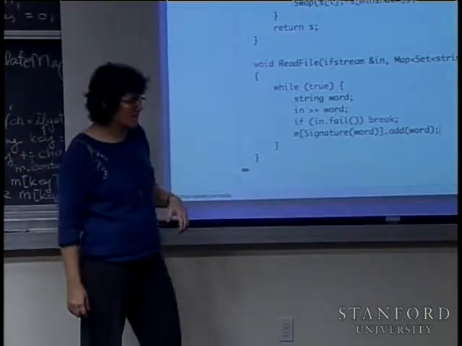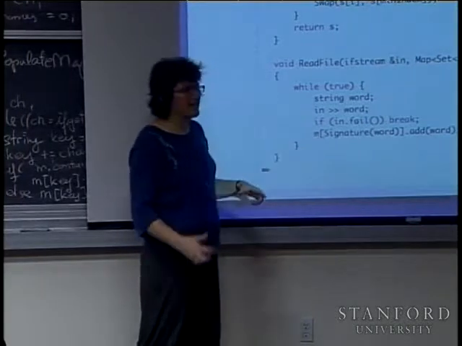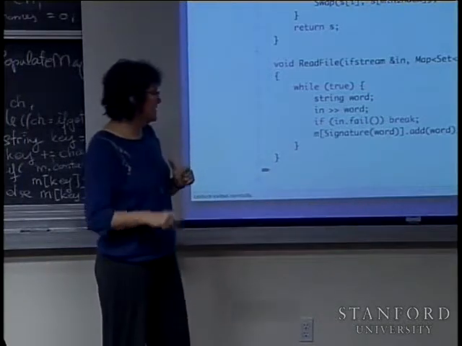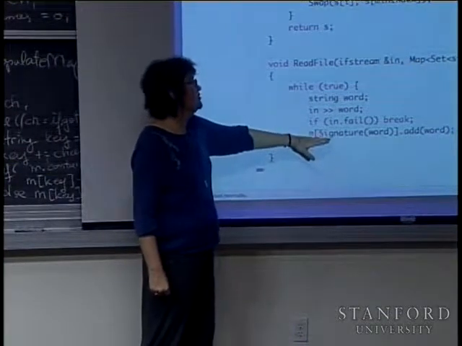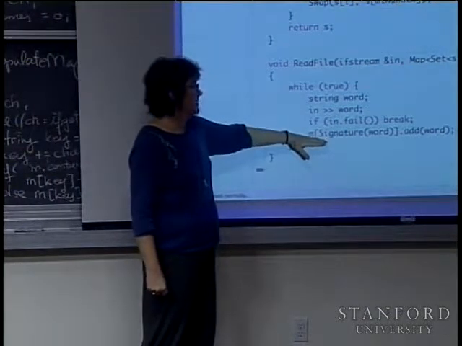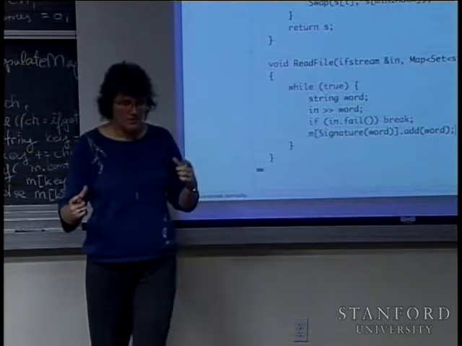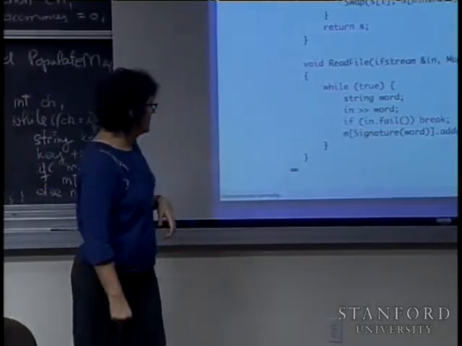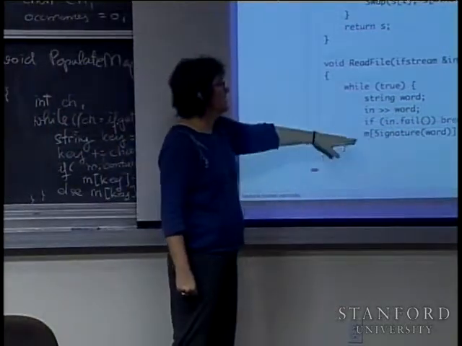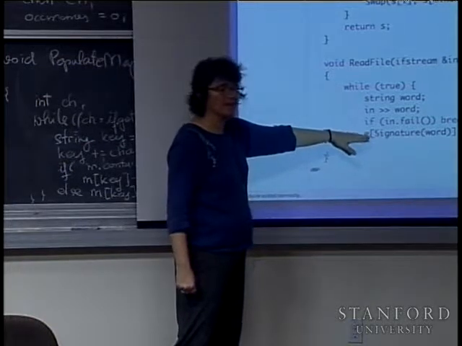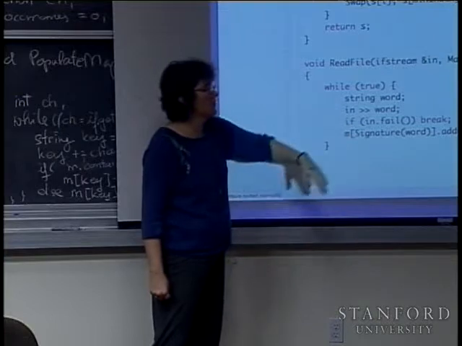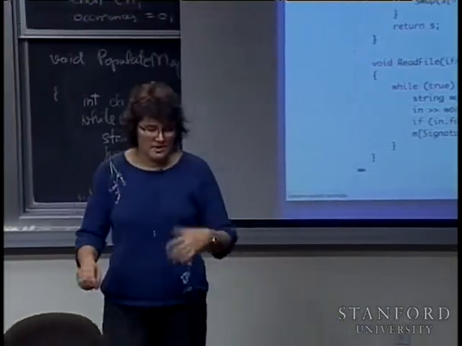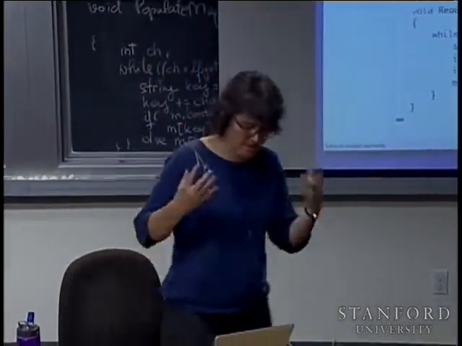If it wasn't there, the behavior for the brackets is to create a new empty value for that, so to use the key and then create a default value for the type. Well, the default value for set of strings, if you just create a set without any other information, the default constructor will always create you a nice, clean, empty set. So in fact, it will get me exactly what I want, which is to put it in there with an empty set that I will immediately add the word into. So after I do this, I should have this fully populated map.